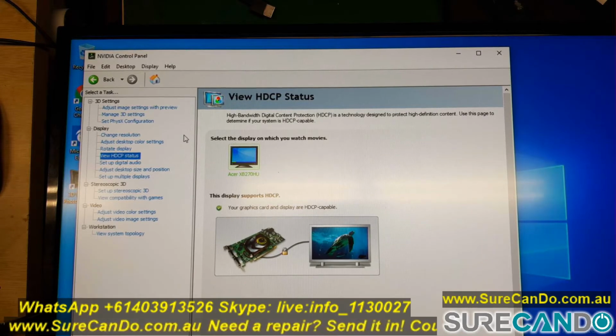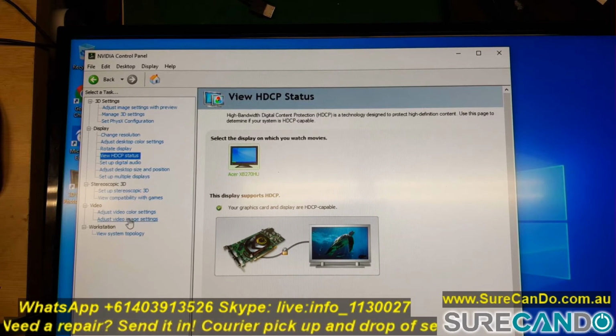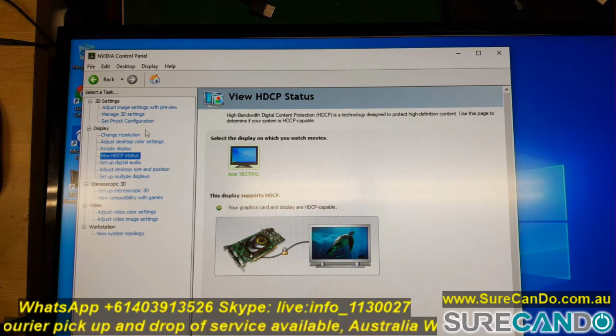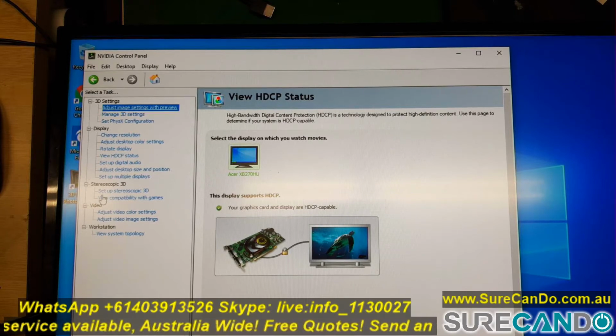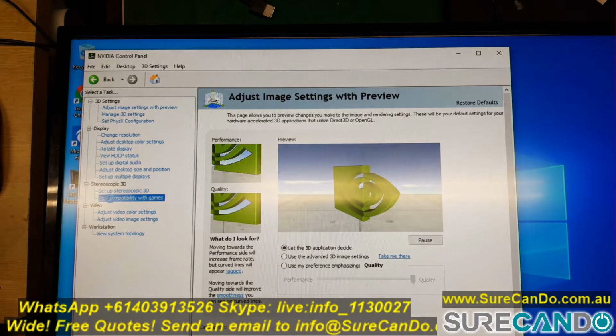Okay. What have we got? I think I'm in the wrong area.